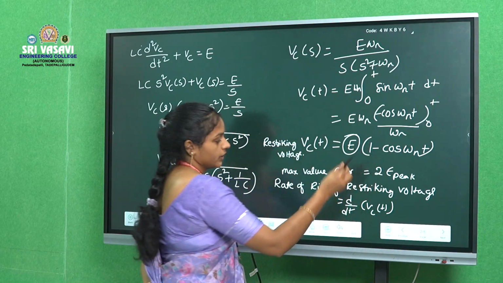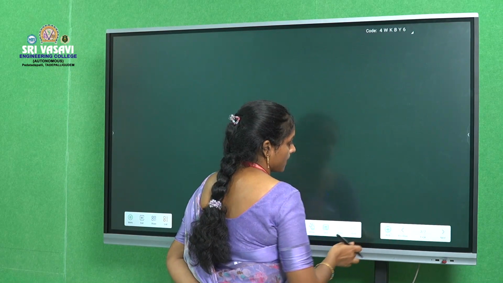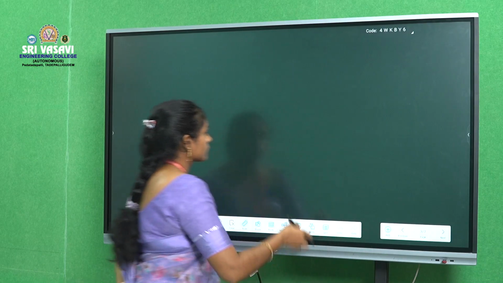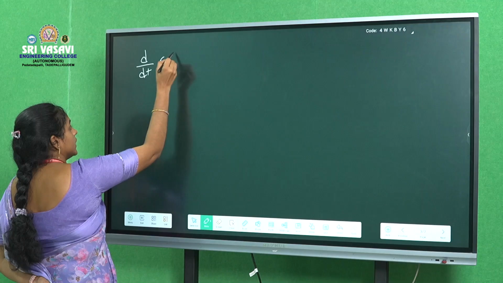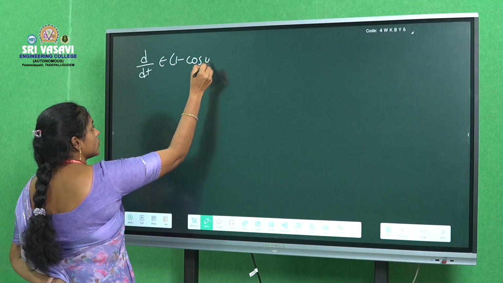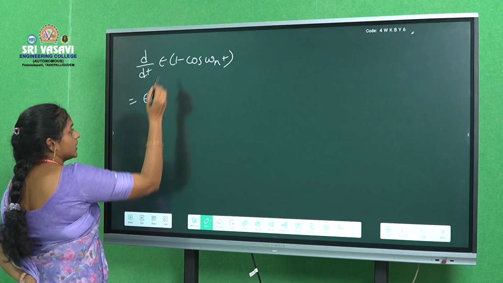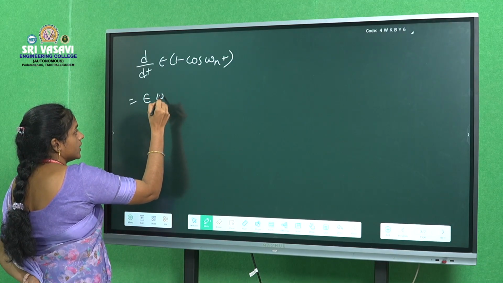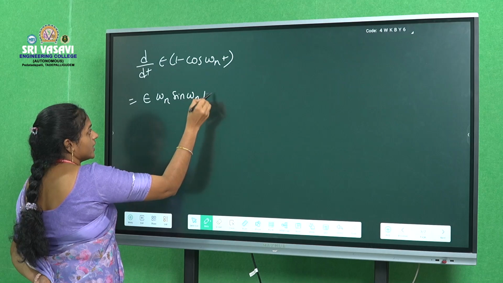So this Vc of t is the derivative with respect to t. Then d by dt of E into (1 minus cos omega nt). Here E is constant, the derivative of 1 is 0, and the derivative of cos omega nt is omega n into sin omega nt.